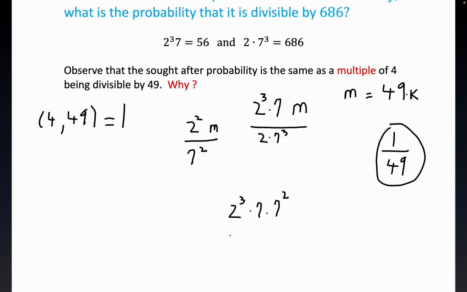Then this would still be over 2 times 7 cubed, and you see that means it's a multiple. That's equal to 4. The very next time it would happen would be if you had 2 times 7 squared. Then the next time it would happen, you would have 3 times 7 squared. Now, I won't write all that out.